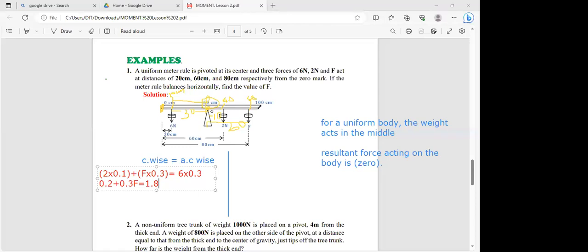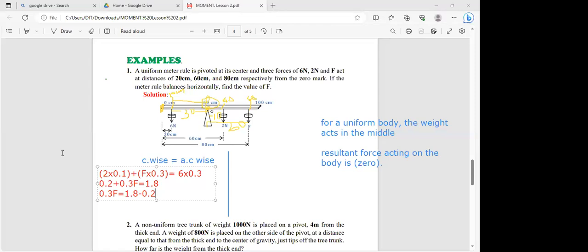So after having that, we are going to have our 0.3 F being equal to 1.8 minus 0.2, because now we are collecting like terms. The 0.2 will cross the equal sign and become a negative.